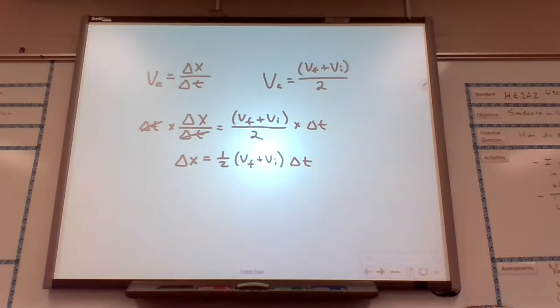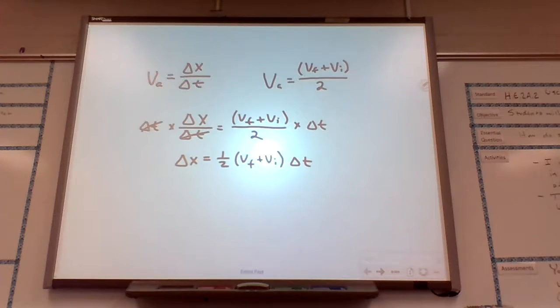And it does some things that our other equations couldn't do independently. If we know the final velocities, initial velocities of an object, and how long it was traveling, we can figure out how far it went. We can figure out how much time it takes something to travel a certain distance given a final velocity and initial velocities.